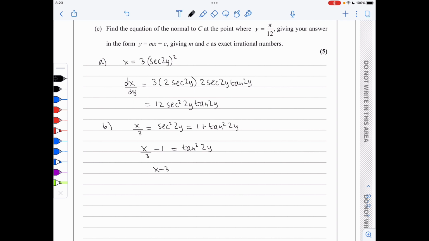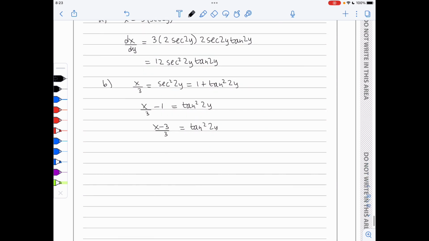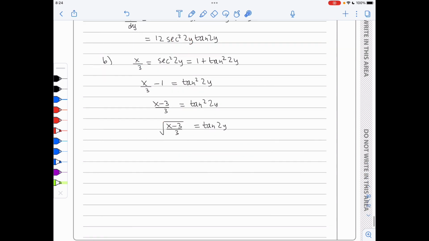So x minus 3 over 3 is tan squared 2y, which means that the square root of x minus 3 over 3 is the tan of 2y. So I now know that in the expression for dx dy, I will replace tan 2y with the root of x minus 3 over 3, and sec squared 2y will be replaced with x over 3.